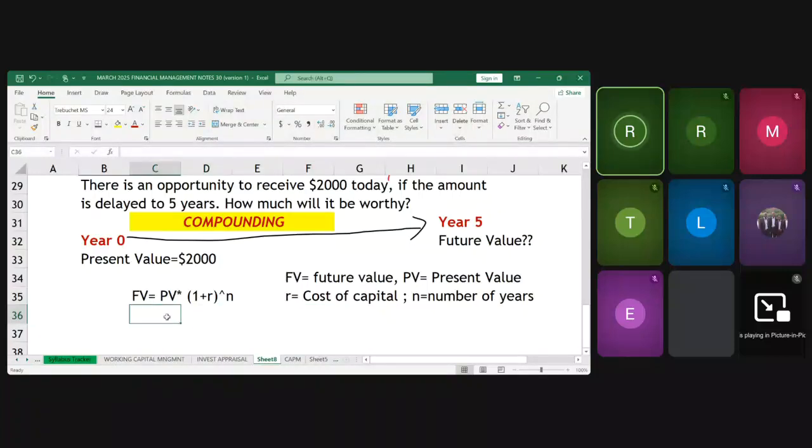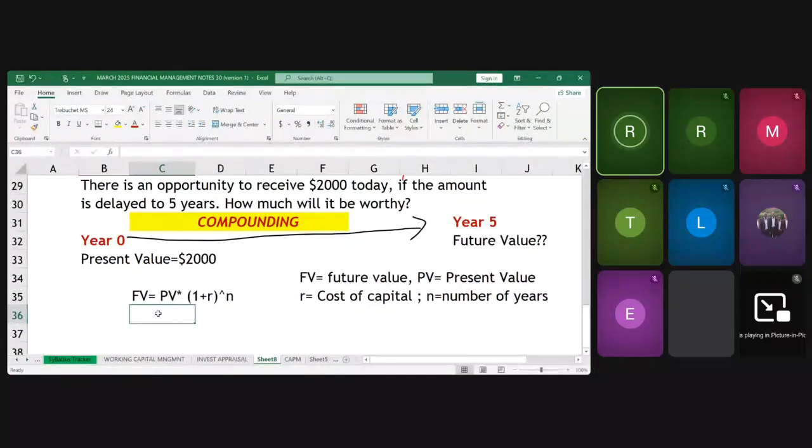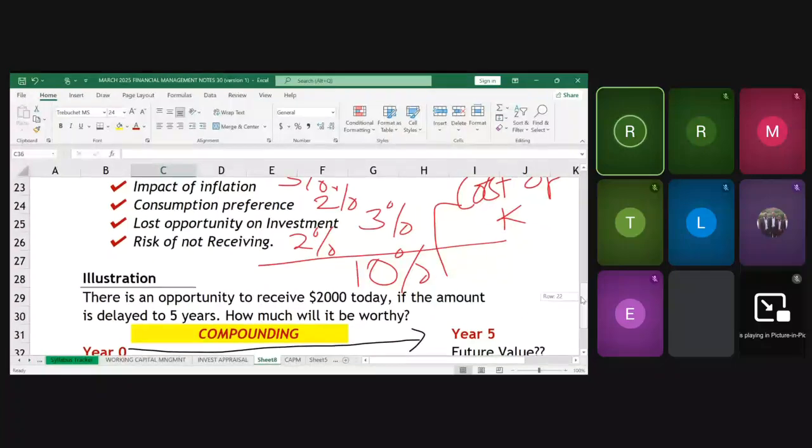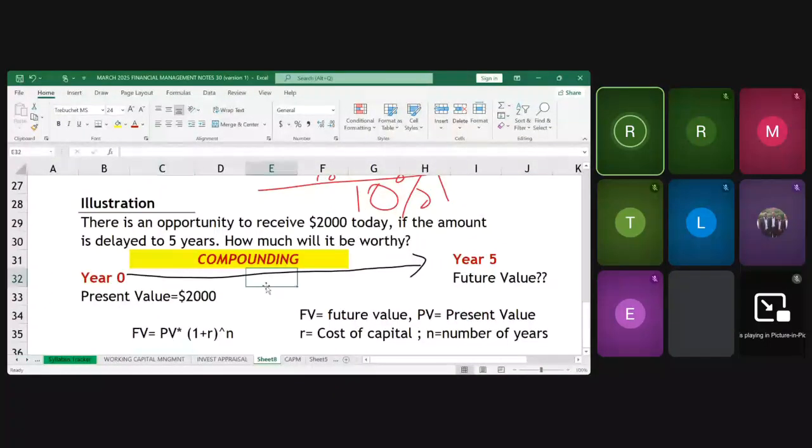So after 5 years, what is it worth? I'm going to compound here to find the future value. My future value is equal to the present value, 2000, times open bracket 1 plus the cost of capital. We have come up with our cost of capital to be 10%. So K equals 10%.